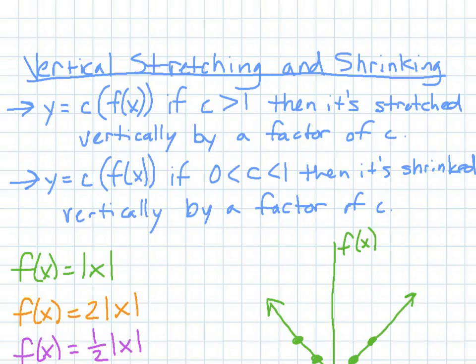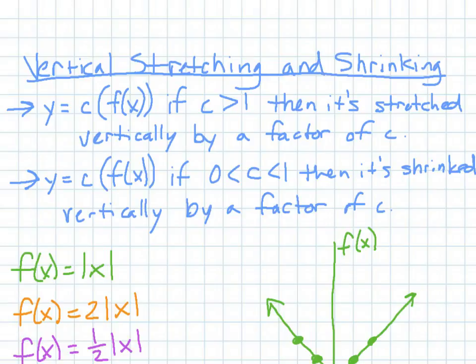Okay, now here we're going to be talking about stretching and shrinking, vertically and horizontally. So if we vertically stretch and shrink, that means that we're multiplying our function by a scalar number on the outside of the function, or to the entire function.